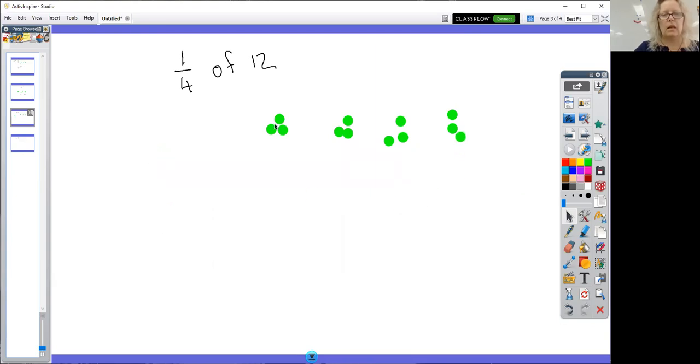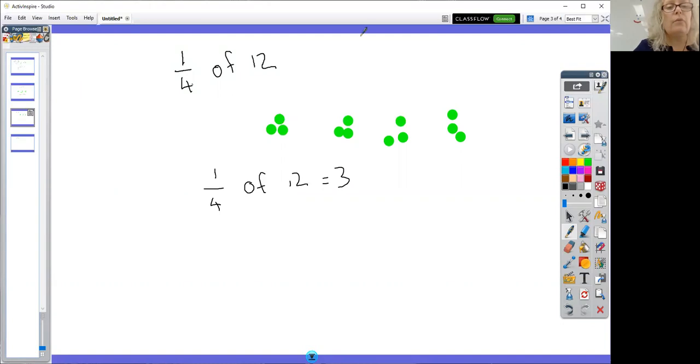And there you can see that a quarter of 12 is 3 in each group. So I'll write that down. 1/4 of 12 is 3.